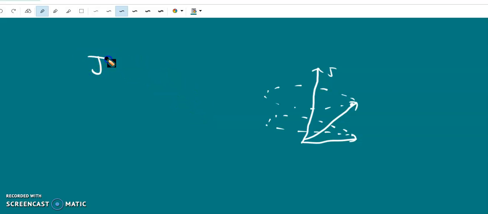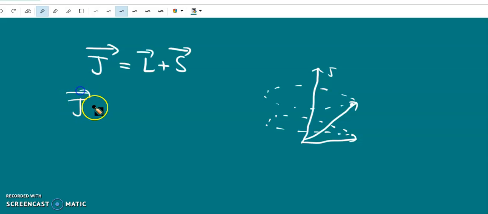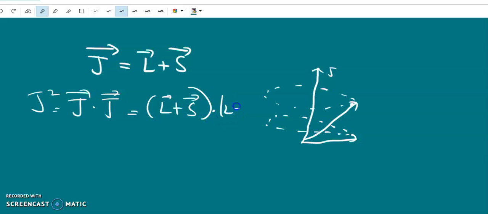So we know that according to the vector model of the atom, J is equal to L plus S. Then J dot J is equal to J square, which is (L plus S) dot (L plus S).